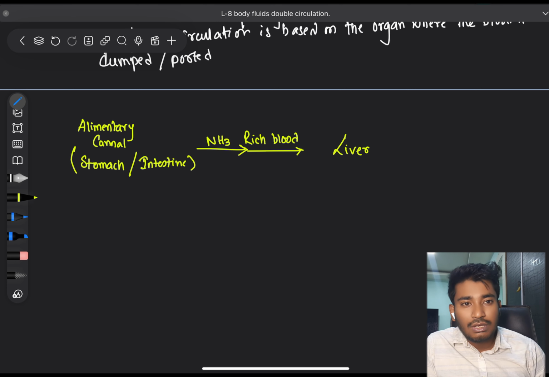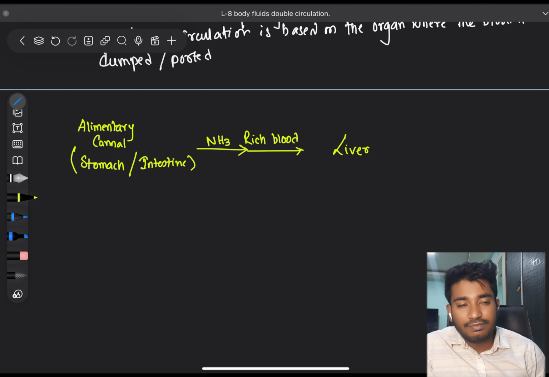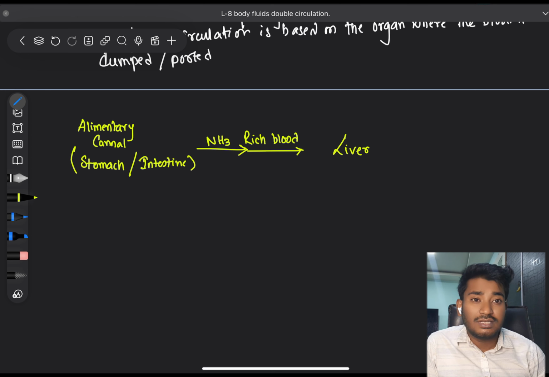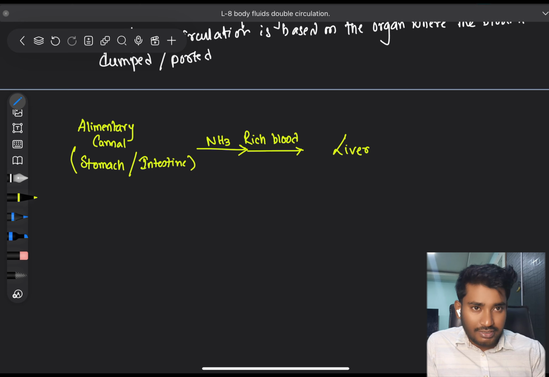Factors 3 to 8 are formed exclusively in the liver cells. In case of liver damage, there is coagulopathy where the blood doesn't coagulate. It is not required in your syllabus.